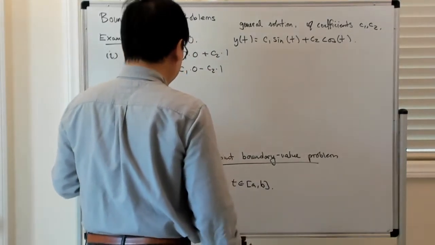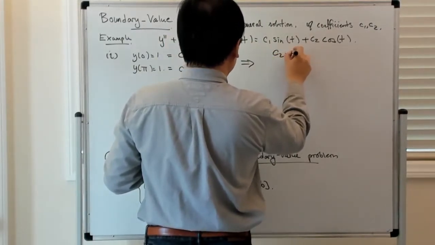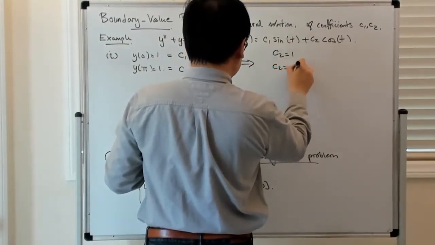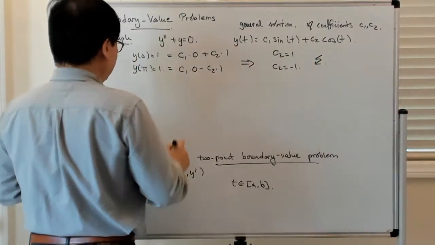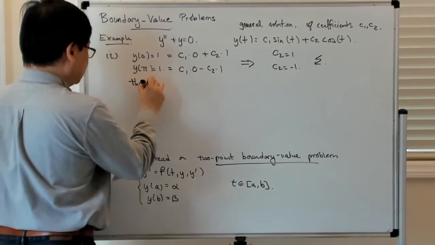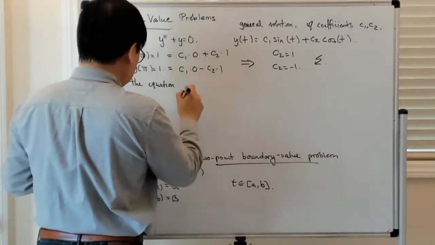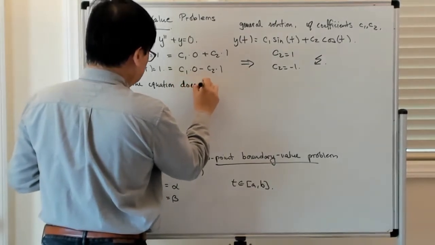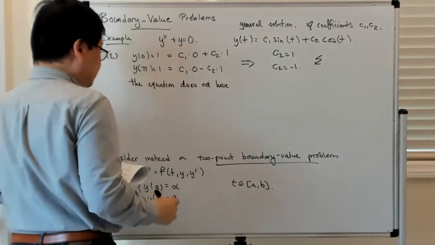Okay, so that's a problem, because this implies that c2 is equal to 1. It also implies that c2 is equal to minus 1, so that's a contradiction. So the point is that the equation does not have a solution which satisfies these boundary conditions.